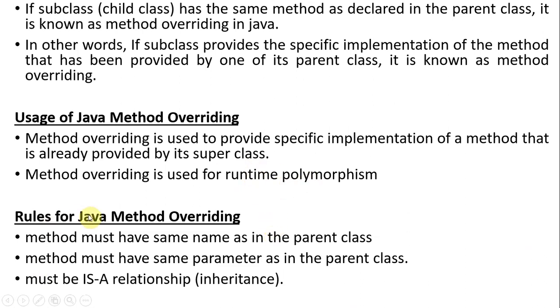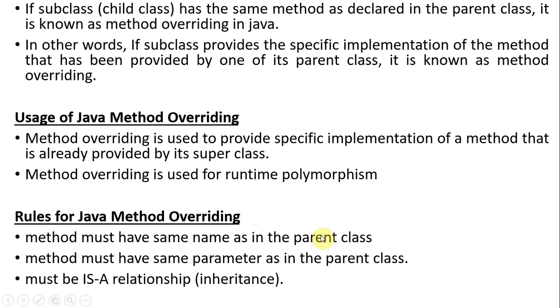Now the rules for Java method overriding. The method must have the same name as in the parent class. Method overriding exists only in inheritance, and the method has the same name as the parent class and the same parameters, with no differentiation from the parent class.